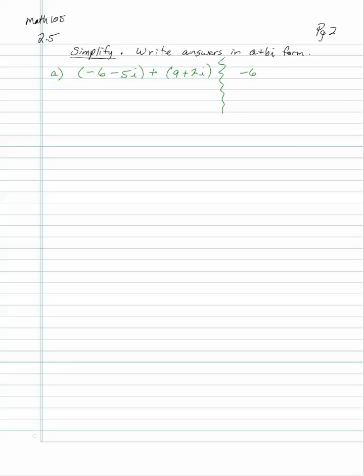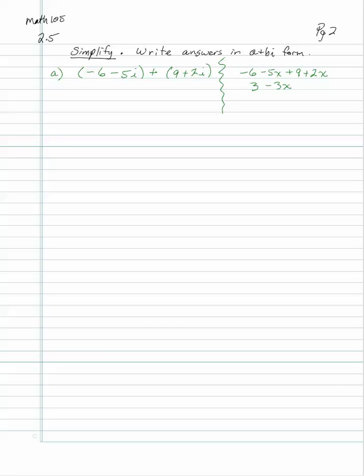If we thought of it as a variable, how would you simplify this? If you're saying combine like terms, that would be right. 9 minus 6 would be 3. -5x plus positive 2x would be -3x.